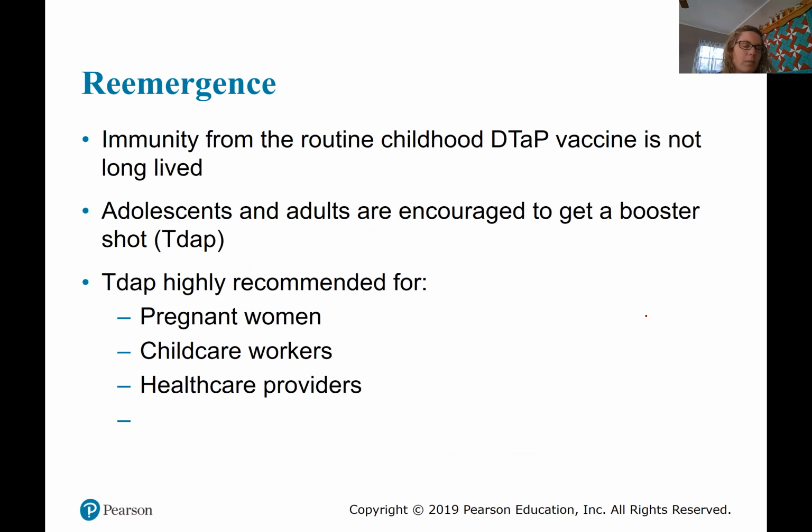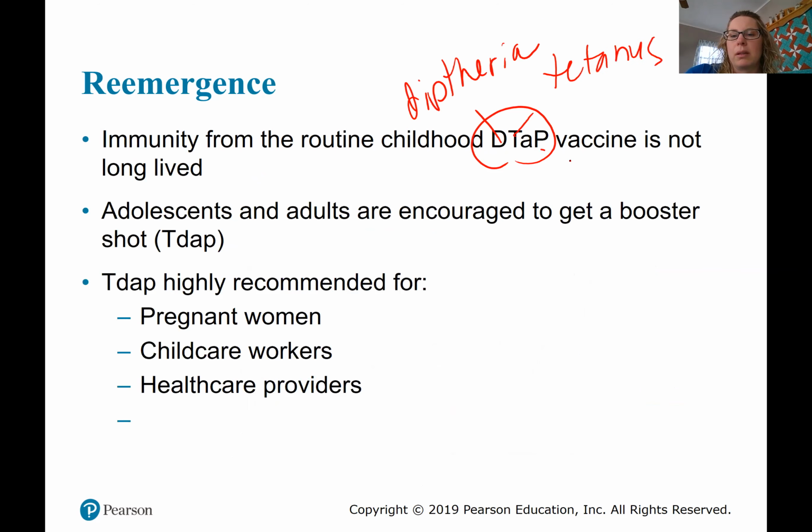The pertussis vaccine comes in the DTaP, so diphtheria, which is also a respiratory disease, tetanus, and that stands for acellular pertussis. And each one of these produces toxins. That's why they're together in the vaccine. Diphtheria toxin, tetanus toxin, and pertussis toxin is what causes each of those diseases.